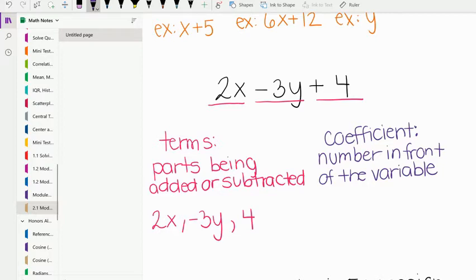So coefficients are numbers in front of variables. I see that there is a 2 in front of the variable and then a negative 3. Notice I keep that sign. The 4 is not a coefficient because it does not have a variable. If I were to ask you to list the coefficients, it would be 2 and negative 3.